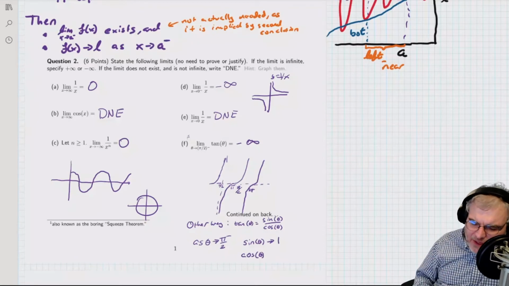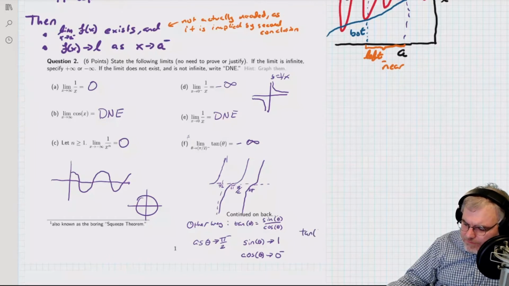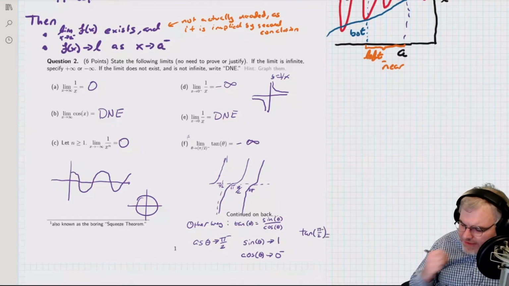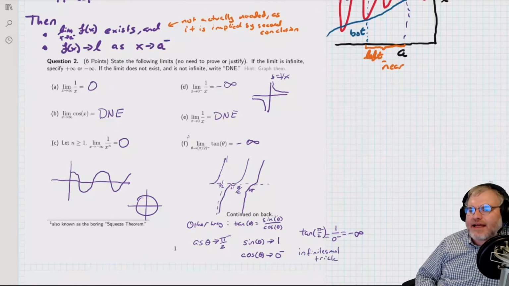It heads to 0 from the negative direction. So tangent of pi over 2 from the left is actually 1 over 0 from the left, which is negative infinity. And this is called the infinitesimal trick. I am going to talk about that next week.